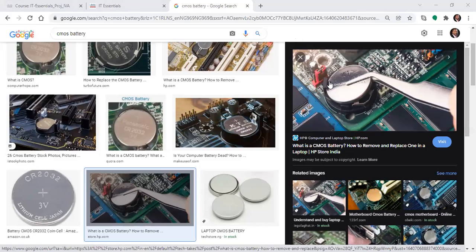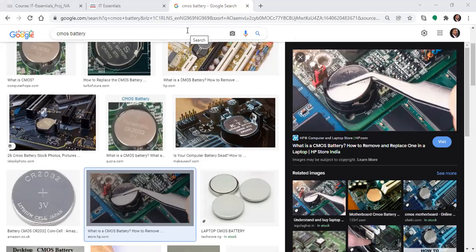Let's mute this so we can hear. If this battery is not found on your system, when you turn on your system for the first time, it shows the manufacturing details. They'll tell you the system was bought on such a date, so set it and do all those settings.